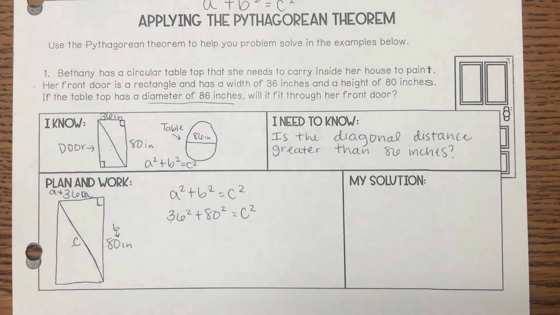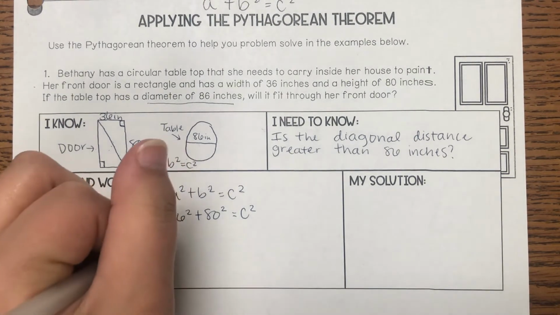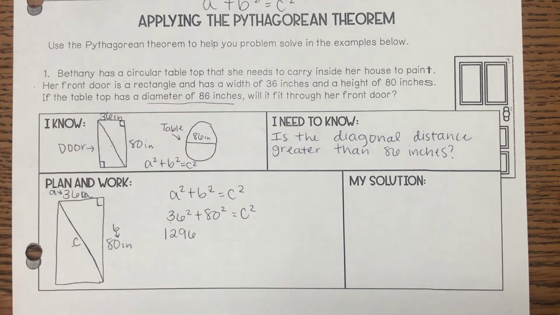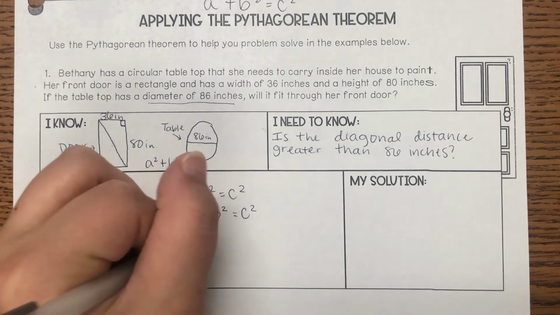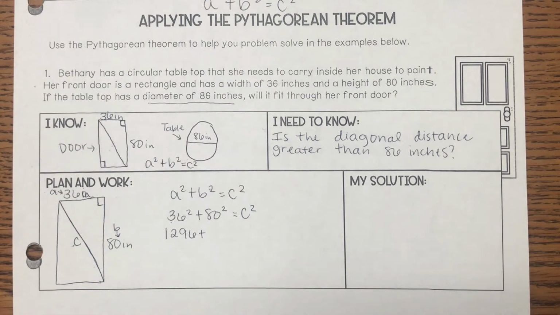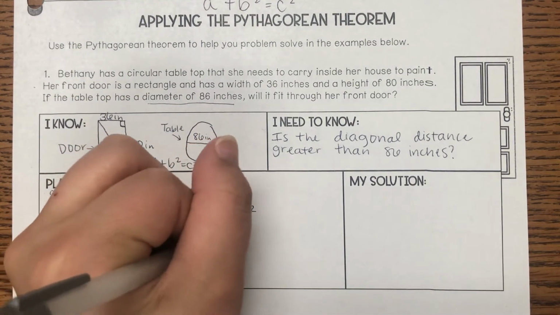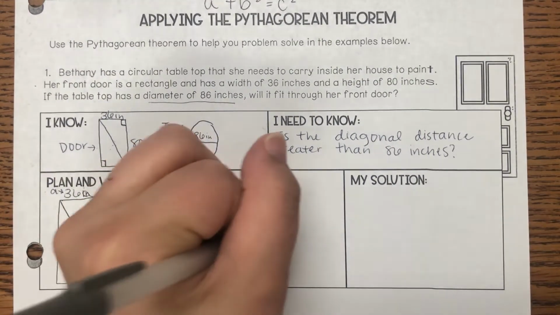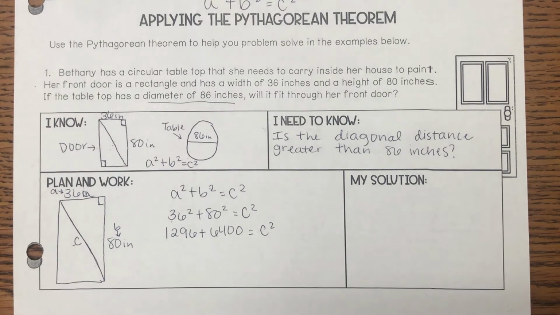I use my calculator, I plug it in. 36 squared is equal to 1,296, plus 80 squared is 6,400, equals, I still don't know the value of c, so I'm still going to leave it c squared.